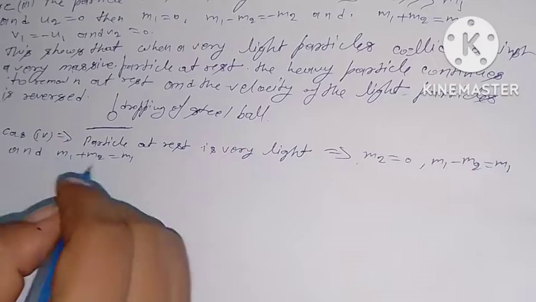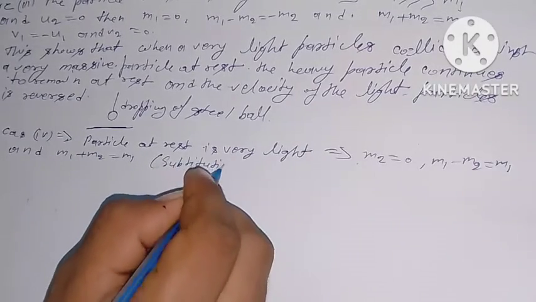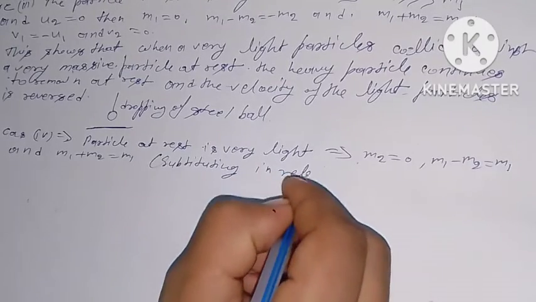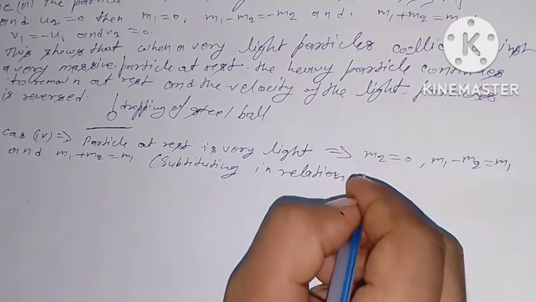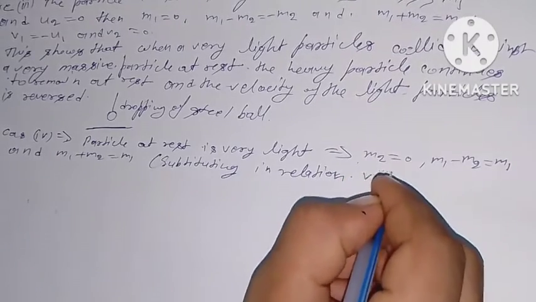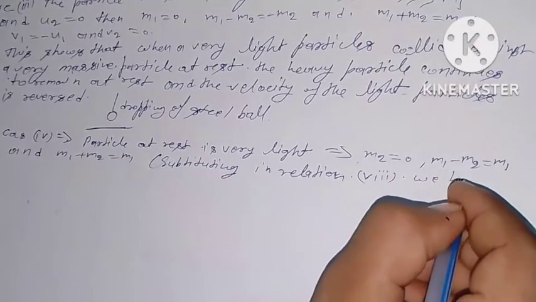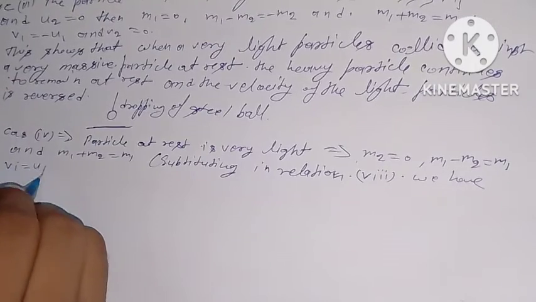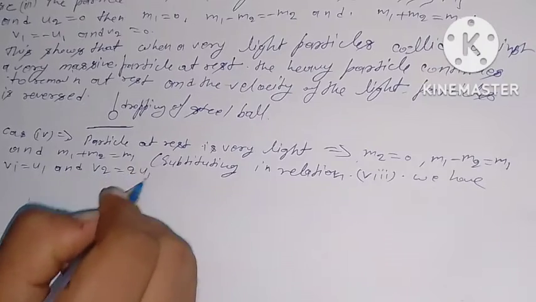Substituting in relation eight, we have v1 equal to u1 and v2 equal to 2u1.